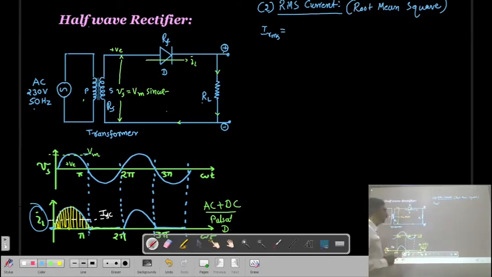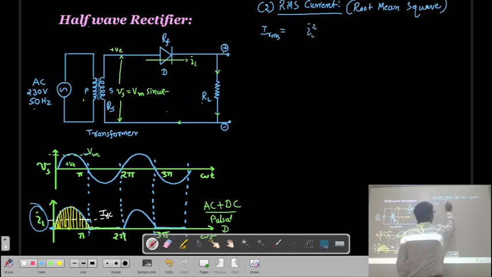So according to the definition of the RMS, we first take the square of the function, then we take the mean, and then we take the root. What is my function? The function is the load current I_L. So I take its square, I_L squared.